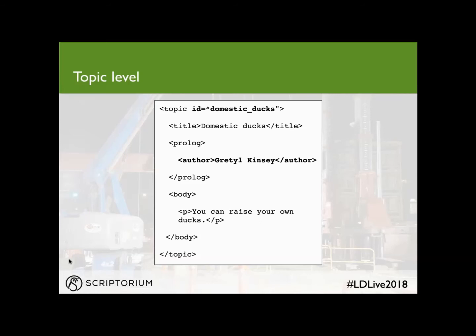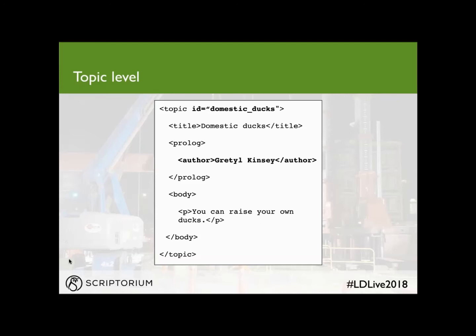At the topic level, DITA also provides something called a prologue element, which can be used to store metadata for the entire topic. A few really useful prologue elements are author, which is what's shown in this example. So we have an author here, Gretel Kinsey. You can also have critical dates, such as the date that your content was created and the date that it was revised.